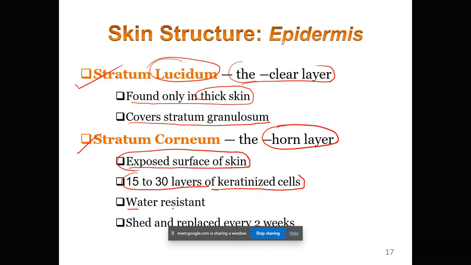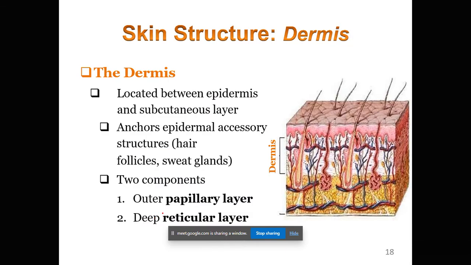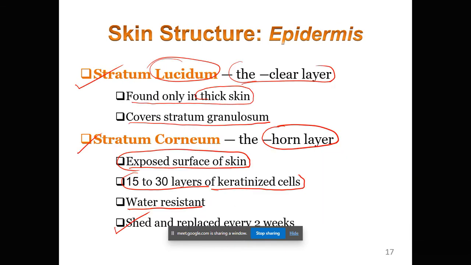It is water resistant due to the secretion of certain granules which make it water resistant, and these granules are produced by the lamellar cells within the stratum corneum. Okay, so they shed and get replaced every 2 weeks. This shedding and replacement of the stratum corneum happens unconsciously.